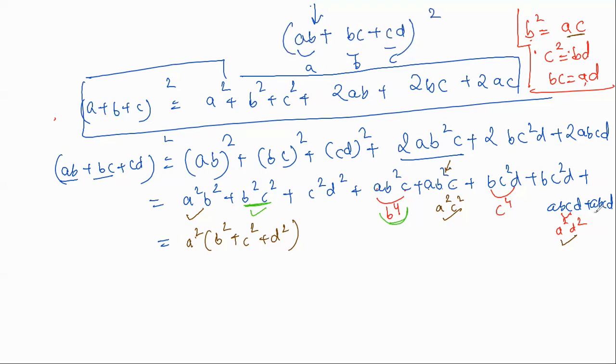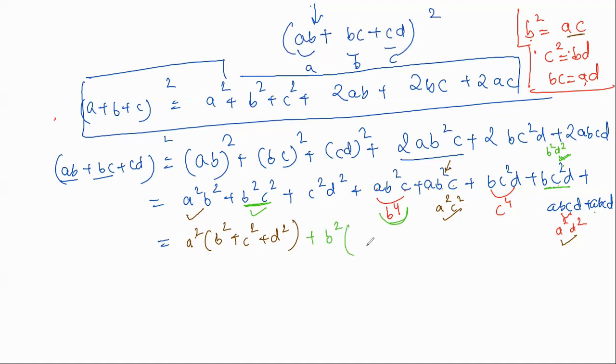I want D square now. So what I will do here, I will write C square as BD. Okay, C square as BD. So this term will become B square D square, right? I'm changing this one.